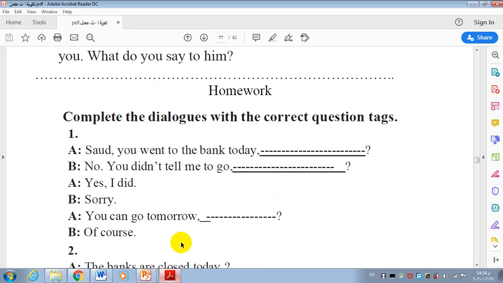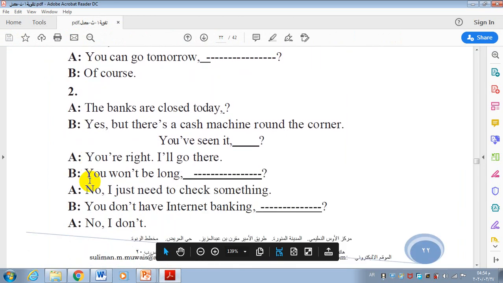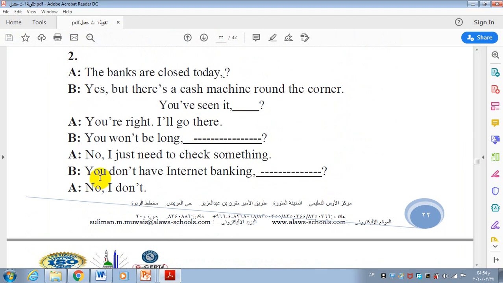Now let's go to exercise 2. It's for question tags too. A. The banks are closed today. Here we must use a question tag. My dear students, please pay attention. B. Yes, but there is a cash machine around the corner. You've seen it. Here we need a question tag too. A. You're right, I'll go there.